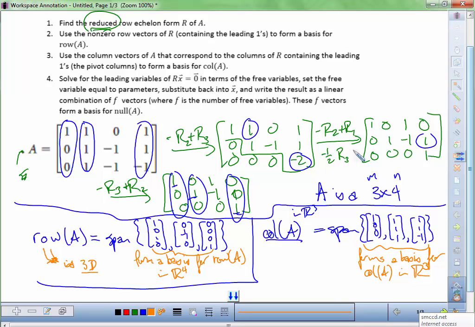So what can you say about this particular subspace? How would this subspace look? We're in R3, so it's either 0, a line going through the origin in R3, a plane going through the origin in R3, or all of R3. In this case, since we have 3 vectors, this is 3D, this is going to be all of R3.